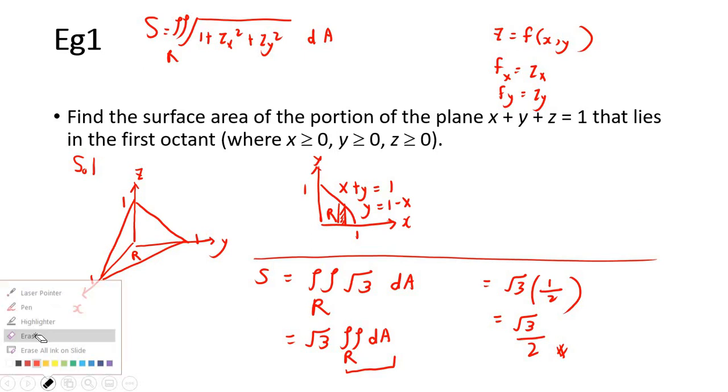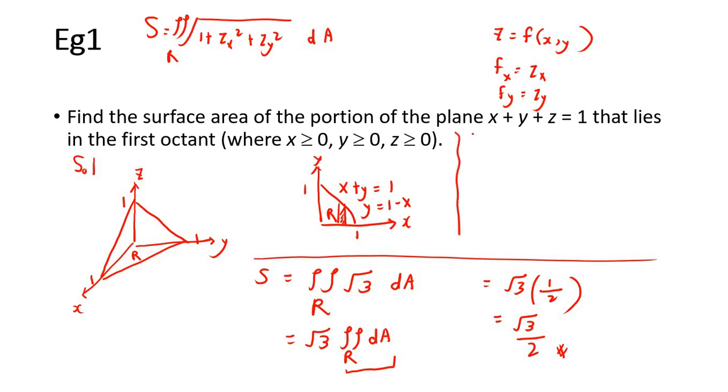If you want to double check this area using the double integral, here I have square root of 3, and I will use dy dx. So y goes from the x-axis, which is 0, up to, in this case, the linear equation y equals 1 minus x.